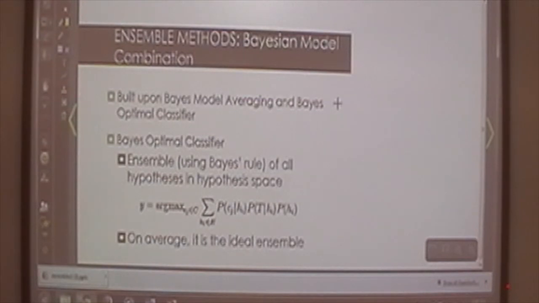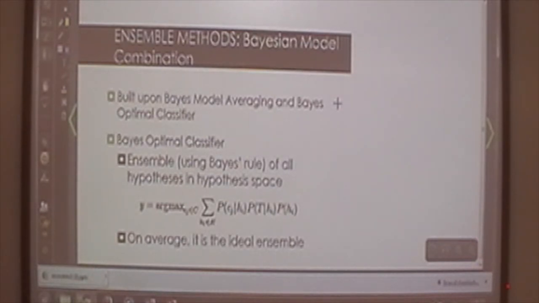Okay, the last big class, I'm glad I took out one of the ones I was going to go over, is called Bayesian model combination. Bayesian model combination took some prior ideas and made them workable and better than the two prior ideas.